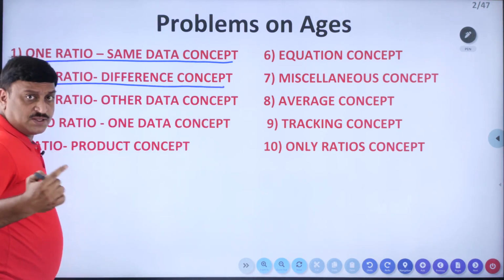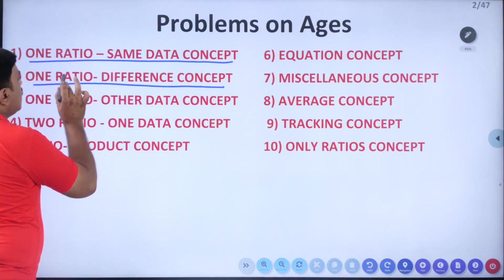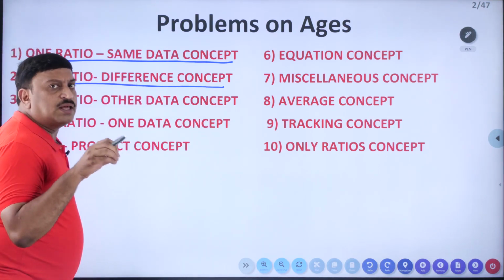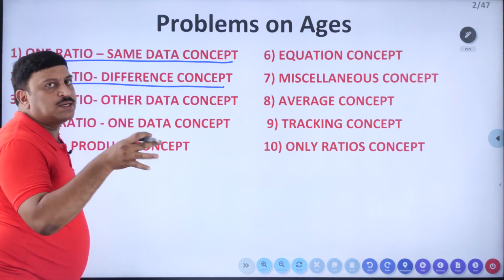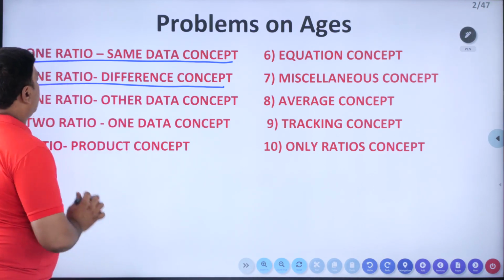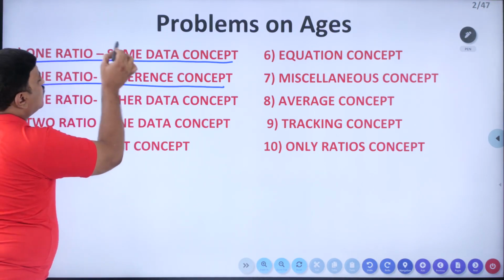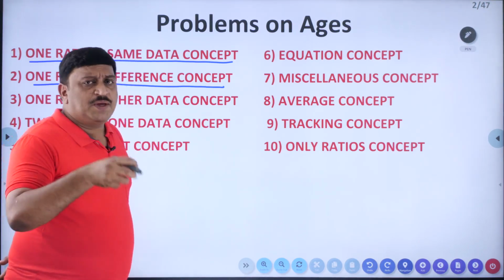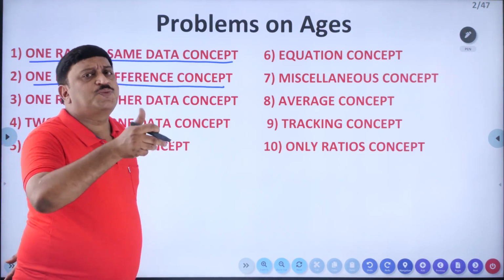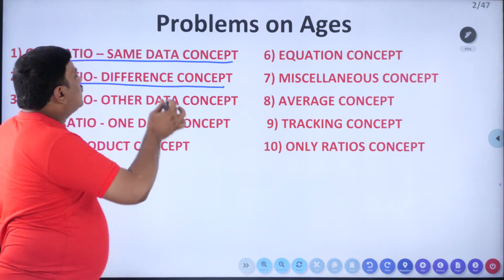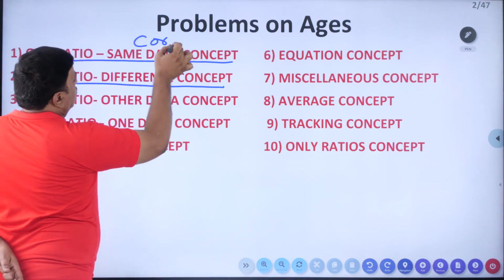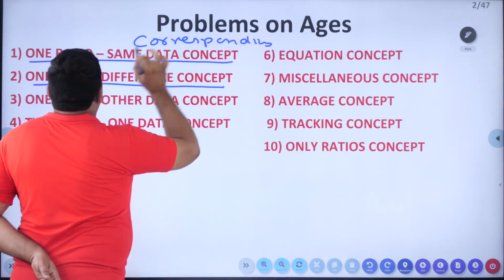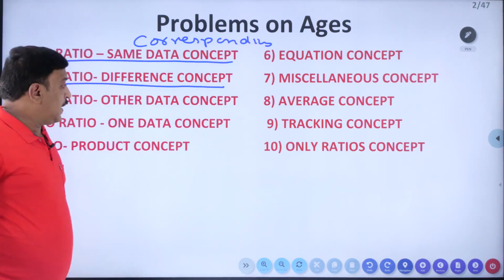Just now I said difference, like that. 1 ratio will be given in the question and difference information will be given, nothing but the difference of some persons. Then 1 ratio same data. What do you mean by same data? The ratio will be given, and the corresponding data. We call it same data, meaning corresponding data, regarding the same ratio.